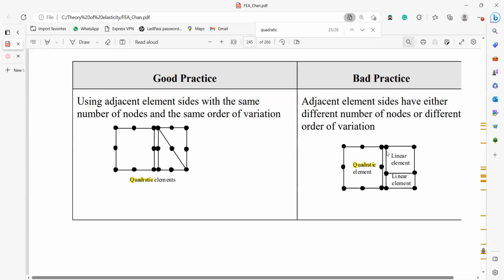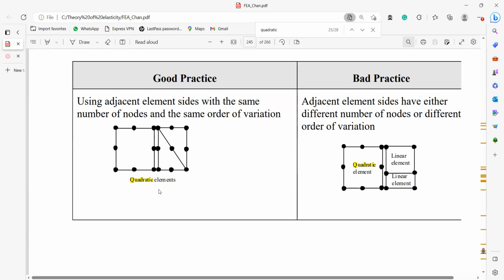This might look like you can just combine them. No, they are not compatible. They never gel well because this is of lower order and this is of higher order. There is always some discrimination.